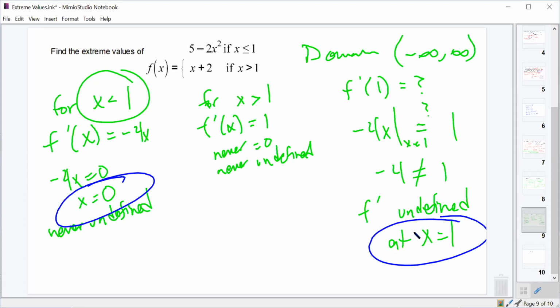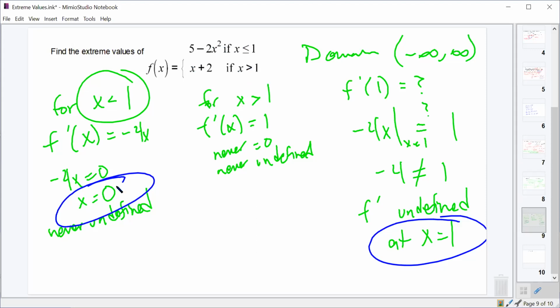Can you explain why x equals 1 is a value? Yeah, since we have a potential discontinuity in our graph at 1, because we've split from one function to another, we need to check the derivative specifically at 1. For the derivative at that split to exist, the derivative of the left-hand piece has to equal the derivative of the right-hand piece at x equals 1.